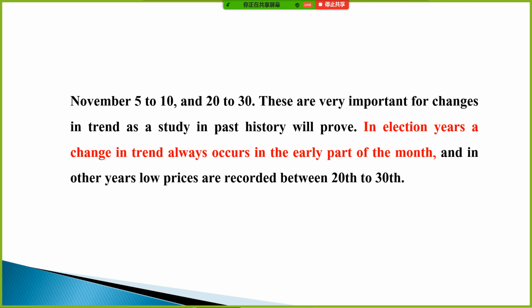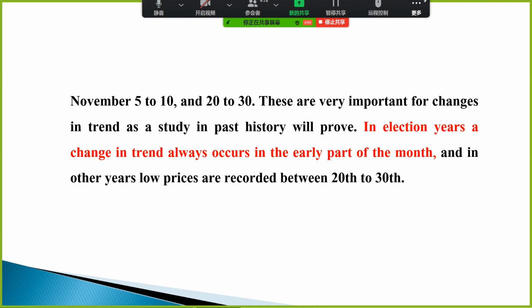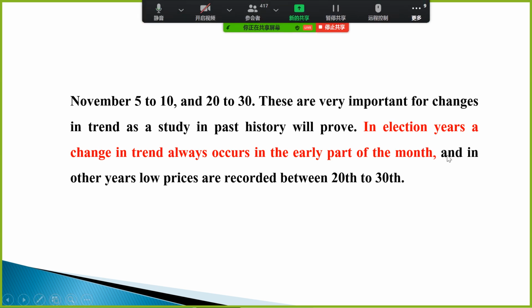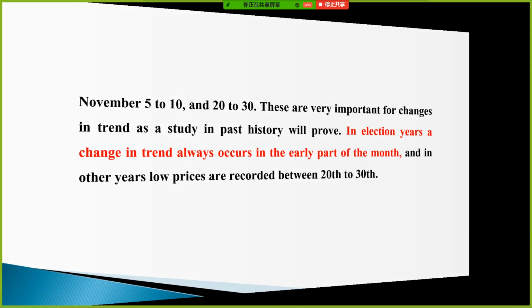If you want to buy, early November is the best timing, not late November, most of the time. In other years, low prices are recorded between the 20s and 30s. So I think maybe in just the early part we get the opportunity.